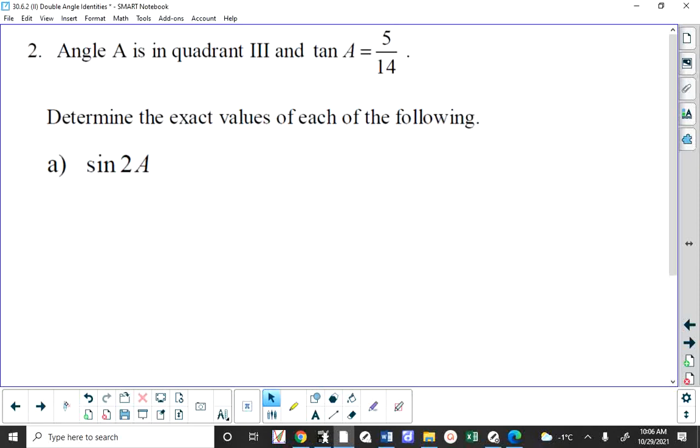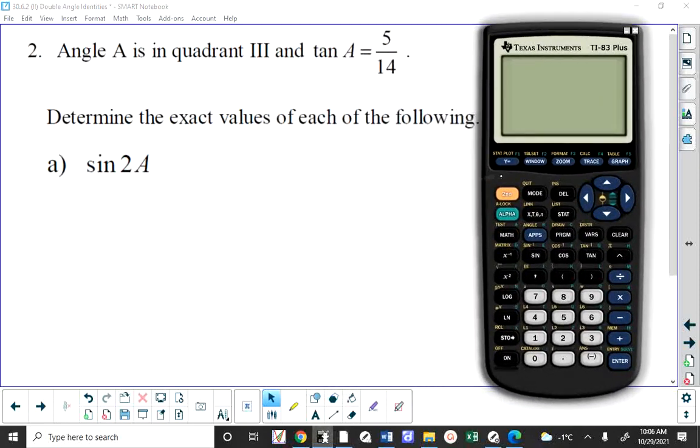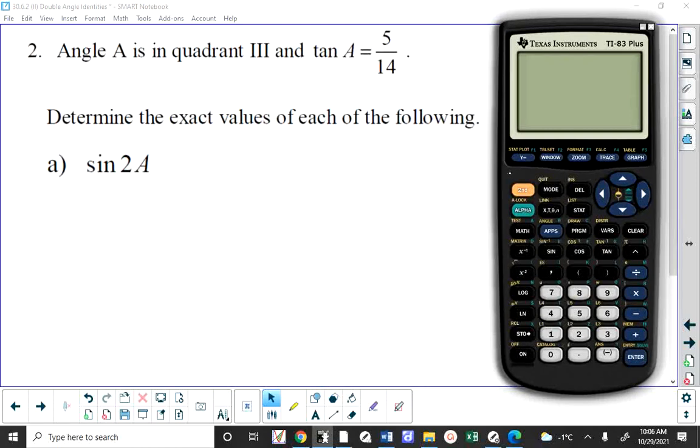So, it tells me that it's in quadrant 3, and it tells me the tangent. I can find the angle quite easily. I would find a reference angle by taking inverse tangent of 5/14. I'm in degrees, so I can make sense of it.